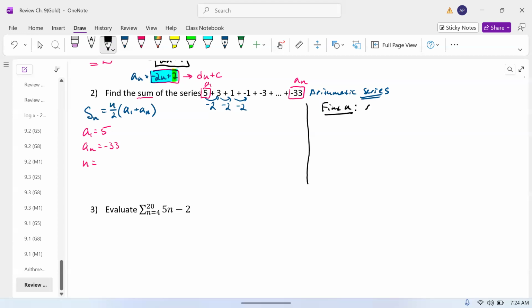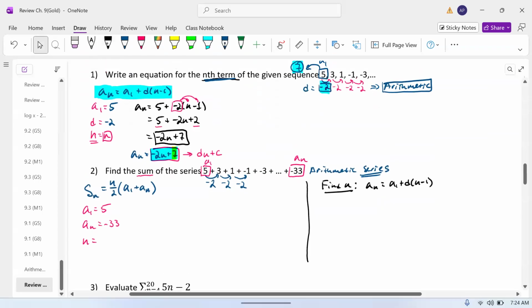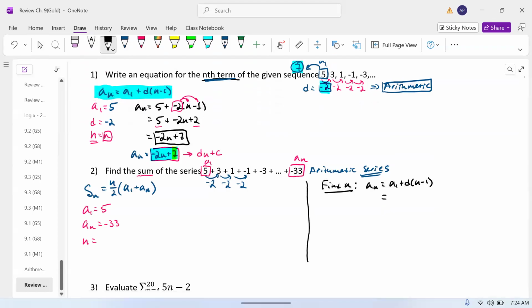And to find n, we're going to use the a sub n formula, which is this one right here. Or, since this is really the same sequence as what we've done in example 1, we can actually use this simplified form. It doesn't really matter which one we use.